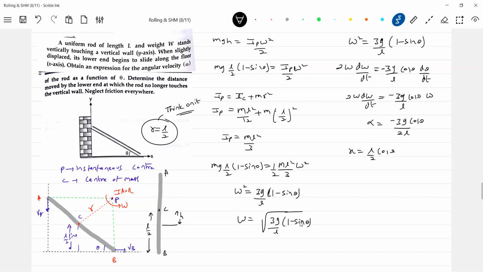I'll differentiate this with respect to time twice. Then I'll get the x component of acceleration. dx by dt should be equal to L by 2 minus sin theta d theta by dt.